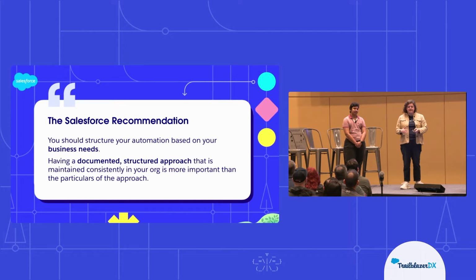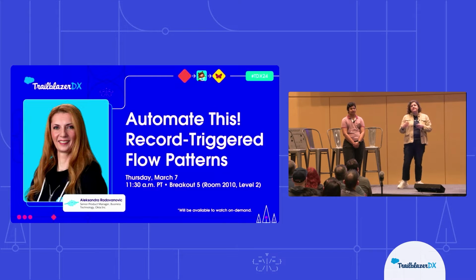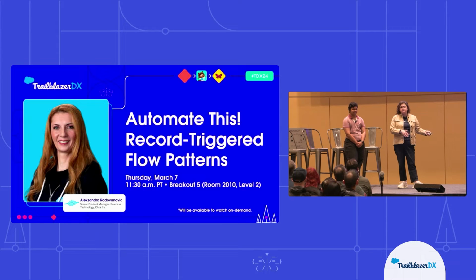We also have a second session later today that's going to dive into this as well. This is also a session that's been previously recorded and broadcast on YouTube on our Automate This platform. So if you can't make it today at 11:30, just down the hall in breakout room 5, this is something you'll be able to watch either on recordings from this TDX or from the prior recordings.